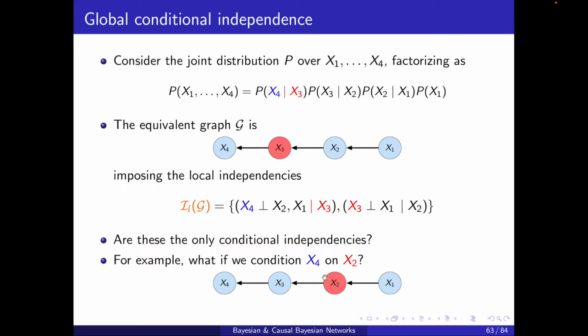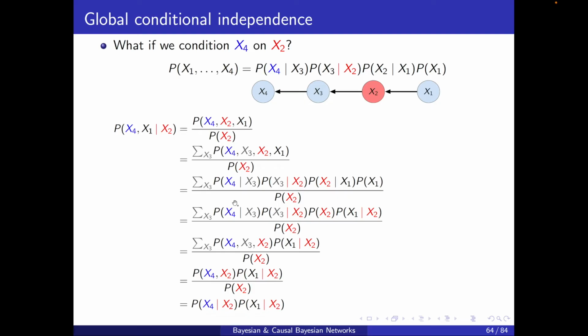What can we say about this case? Okay, let's do the math here. I want to investigate whether x4 and x1 conditioned on x2 can become independent, meaning that the probability of x4, x1 conditioned on x2 can be written as x4 conditioned on x2 times x1 conditioned on x2. Okay, let's go through it.